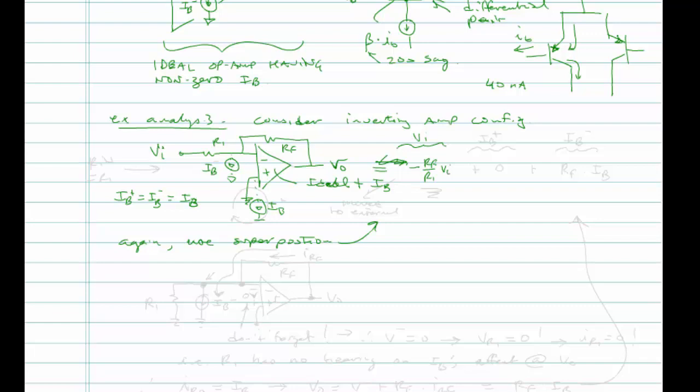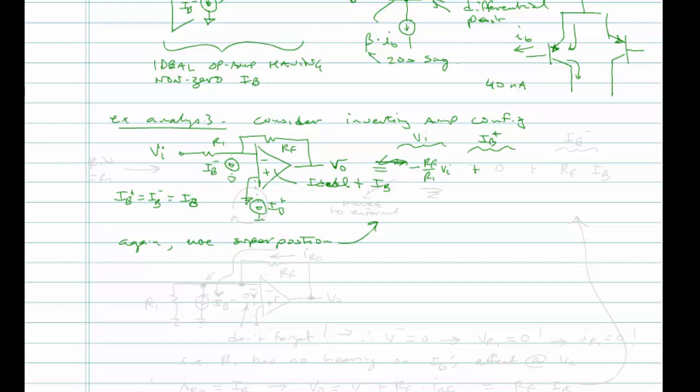Now we're going to add, maybe I should call these IB minus and IB plus just so I can distinguish them. Sorry. Let's look at IB plus. They'll ultimately have the same values, but we'll use IB plus.